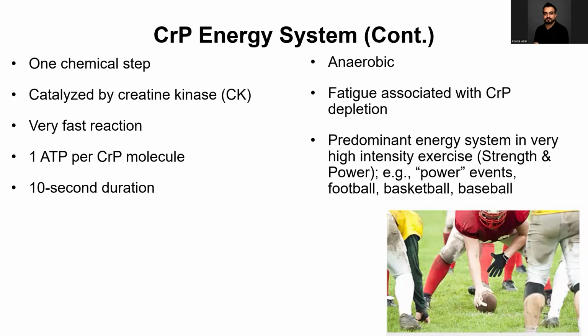It is a predominant energy system in very high intensity exercise, like strength and power. The power events like football, basketball, baseball are the exercises which use the creatine phosphate energy system predominantly for 10 seconds.